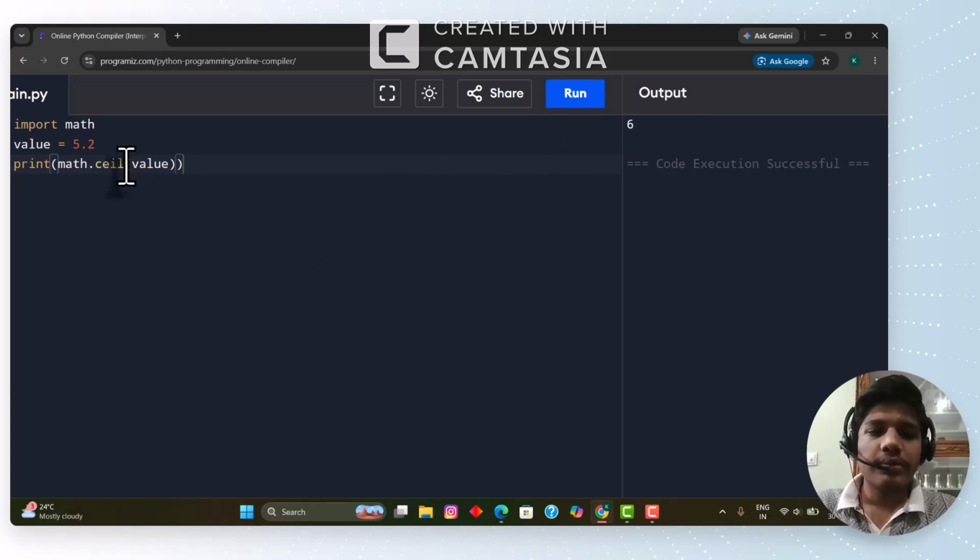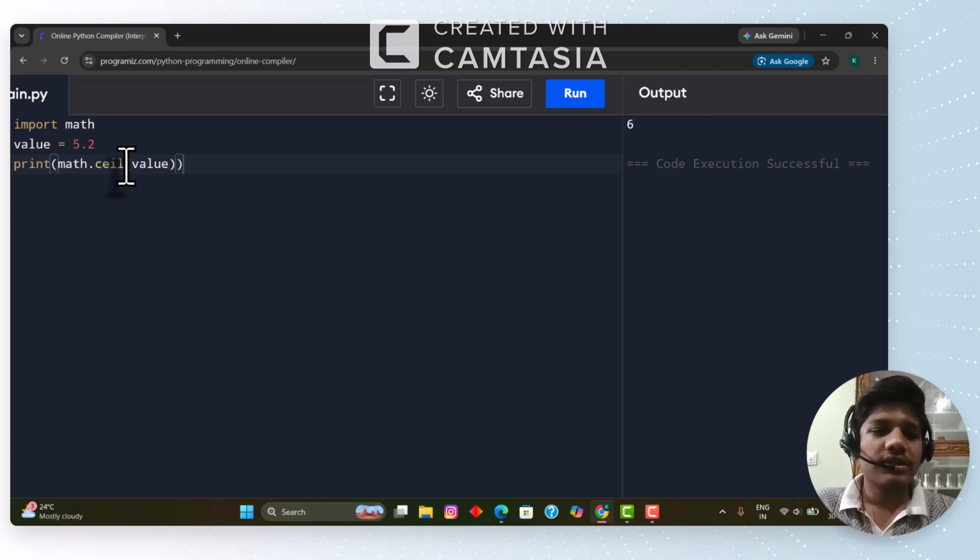So floor means which is below, like 5.2, right? So whether it is 6 or 5. When we are using the math module for converting a float to an integer, suppose here we used the function ceil. What is the meaning? We have to go above, because ceil means like you can say ceiling.